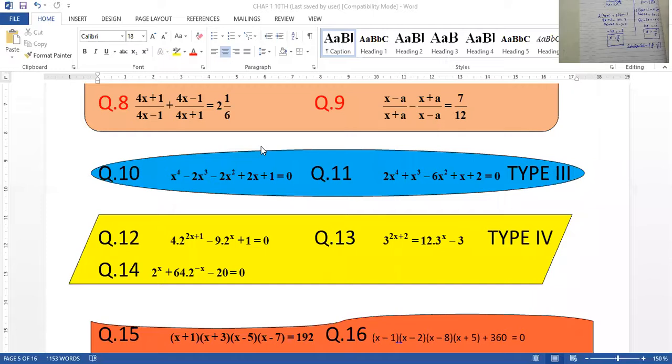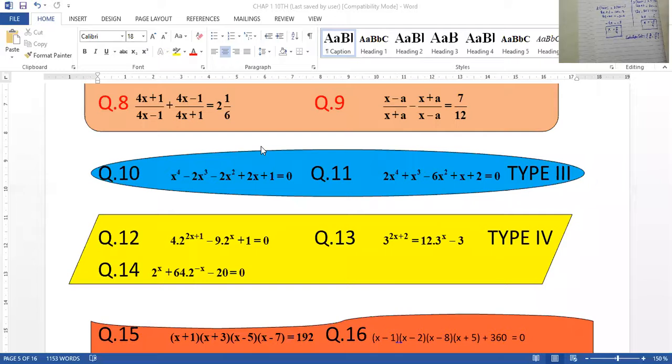If you look at your textbook on page number 9, there is a definition. This is called the reciprocal equation. I will give you the introduction of the reciprocal equation, which type of equations are called reciprocal equations, and then we will move towards the solution.